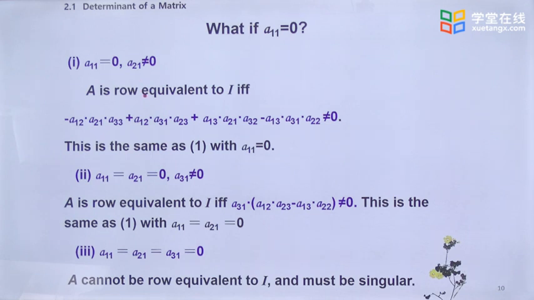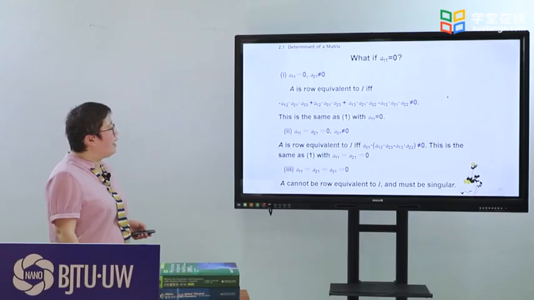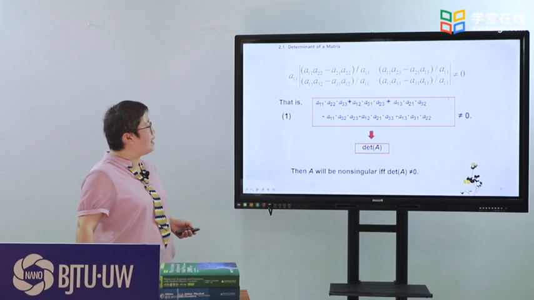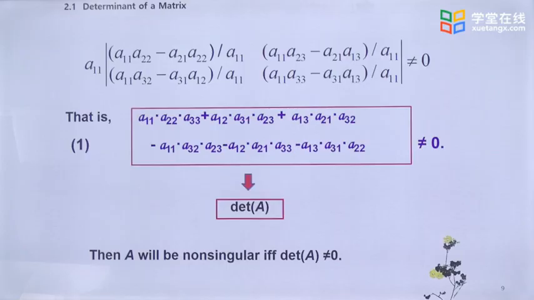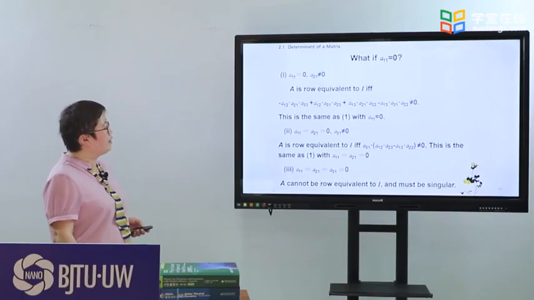By direct computation, you will find that A is row equivalent to the identity matrix I if and only if these 3 terms do not equal 0. And this is the same as the earlier expression with A11 equals 0, because when A11 equals 0, this one is 0 and this one is 0, and they are equivalent, okay?